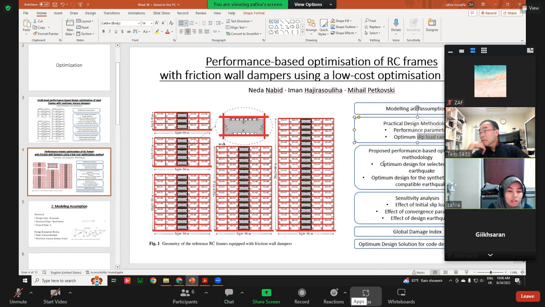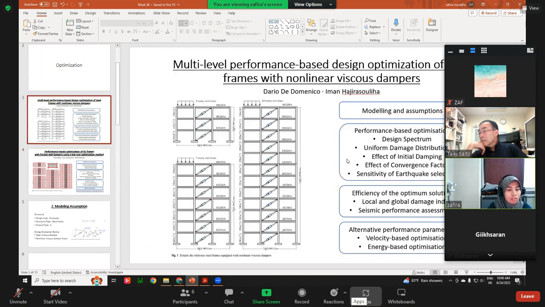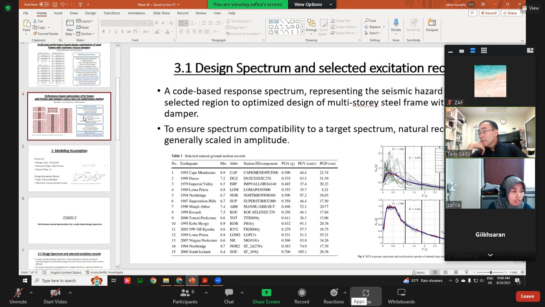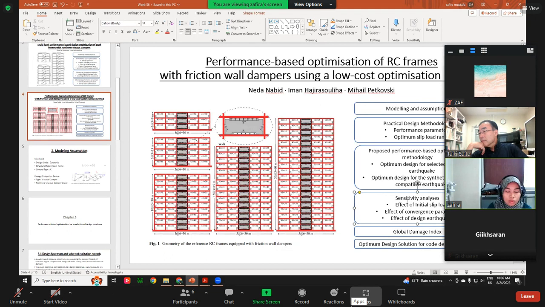The proposed performance and optimization methodology optimizes the design for selected natural earthquakes, and then optimizes the design for synthetic spectrum-compatible earthquakes, almost the same as the first one.